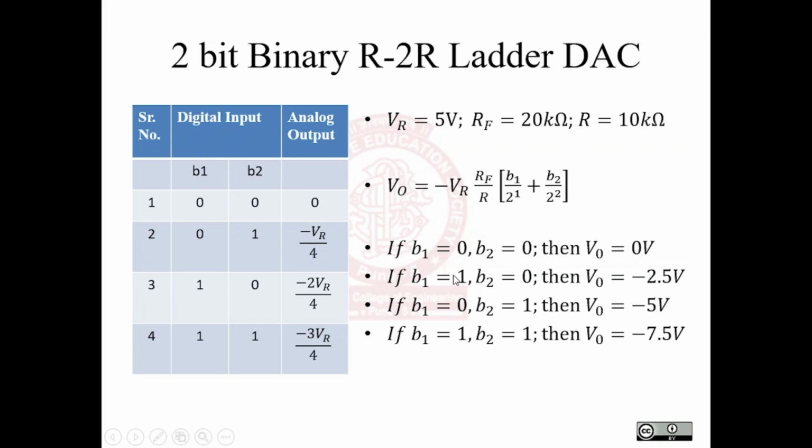Then when B1 is 1, B2 is 0, it is minus 2.5 volt. Likewise, when B1 0 and B2 1, then VO is minus 5 volt, and when both the binary inputs are 1, then the output voltage is minus 7.5 volt. So these are the values which we have calculated considering our input values.